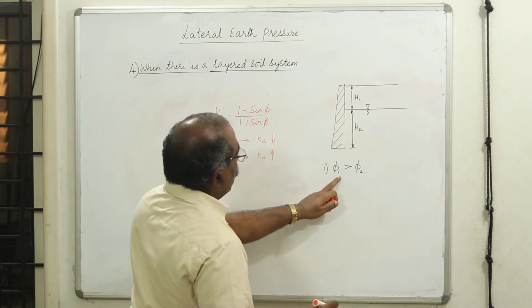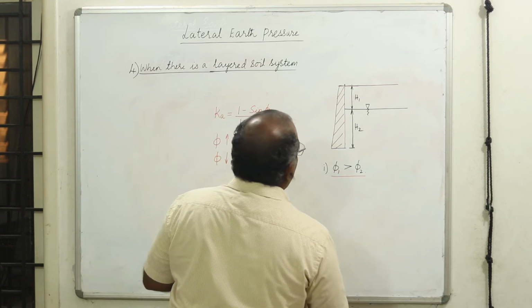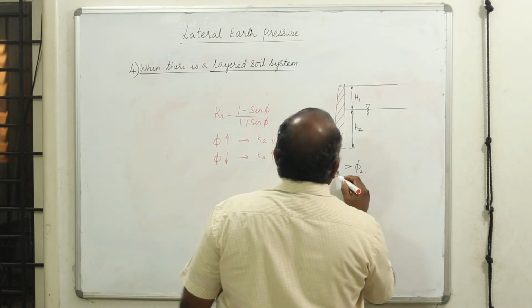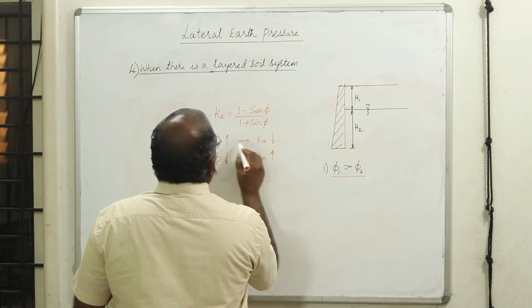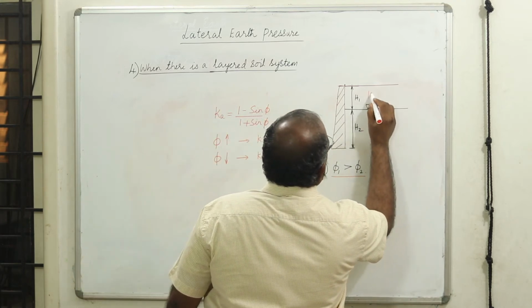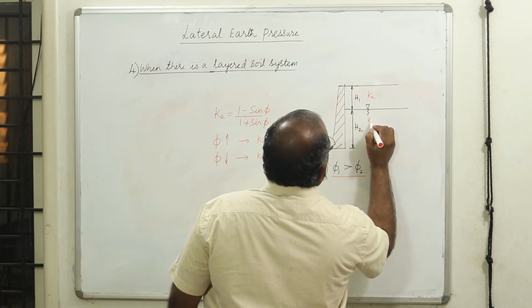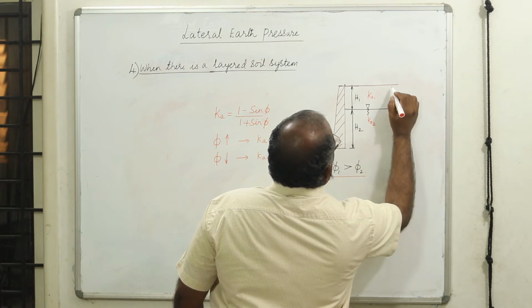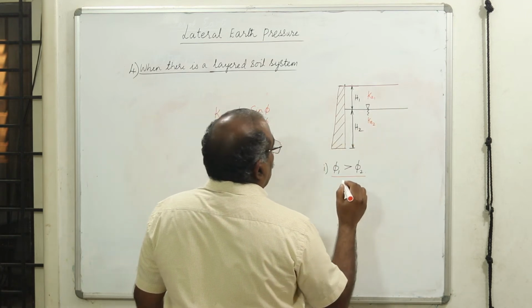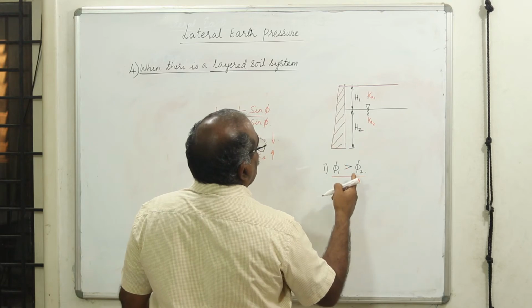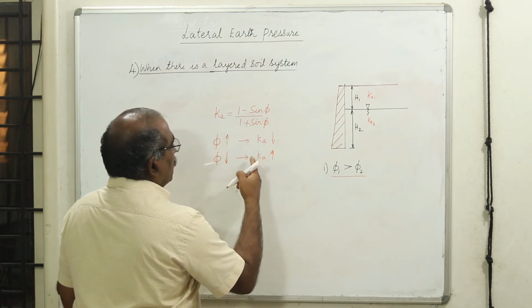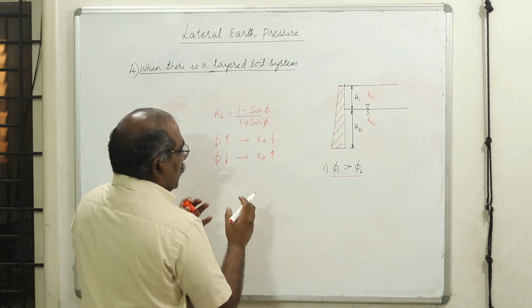Therefore, now I got a condition when phi1 is greater than phi2. Therefore, this will be having Ka1, this is Ka2. Now Ka1 is less than Ka2 because, what is the physical significance? When phi is less, the soil is loose.